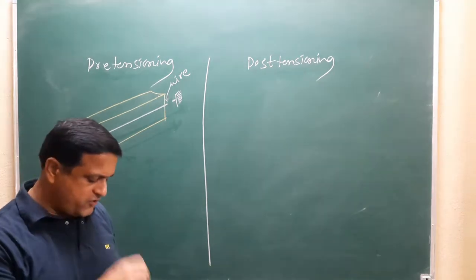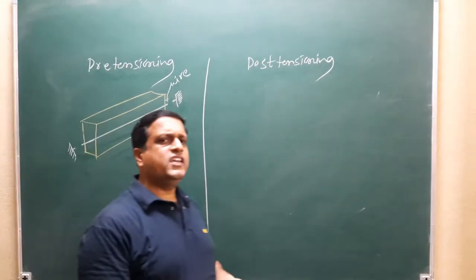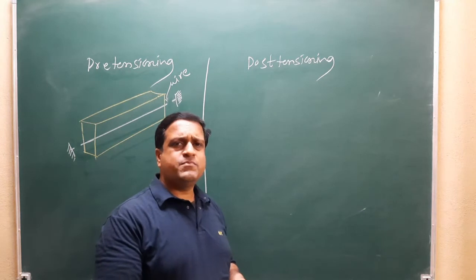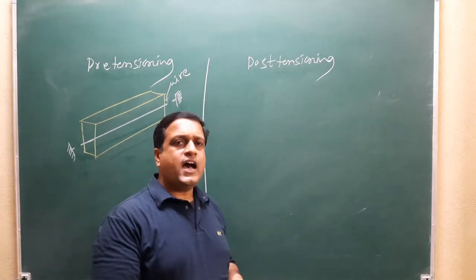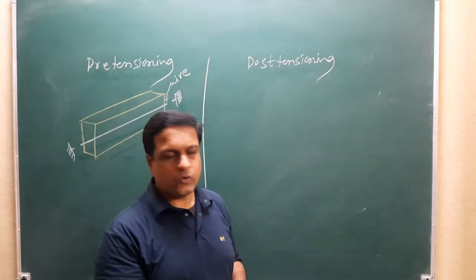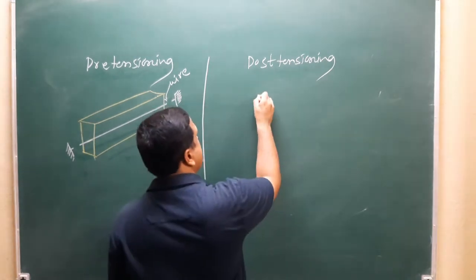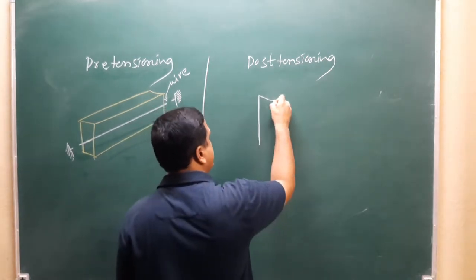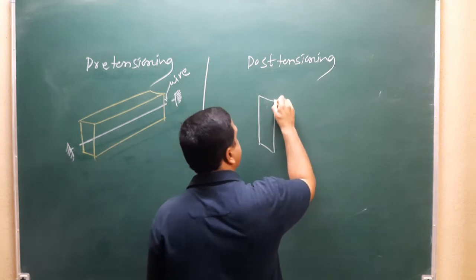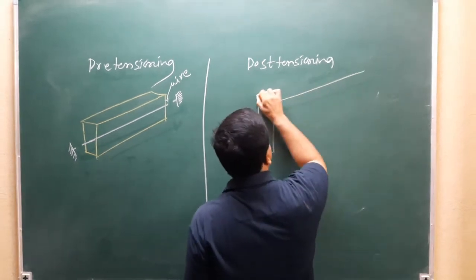Now what is post-tensioning? Post-tensioning is nothing but the tension is provided after concreting. Okay, so how is it possible? So first you have to cast the concrete. First you have to cast the beam like this.